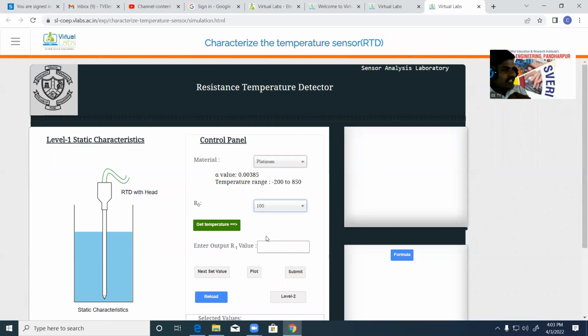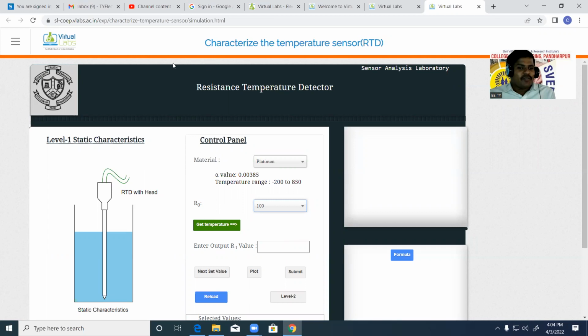That means R0 is equal to how much? R0 is 100. We are selecting the resistance of that element at room temperature, or it may be 0 degrees Celsius. R0 equals 100. Now click here, get temperature.